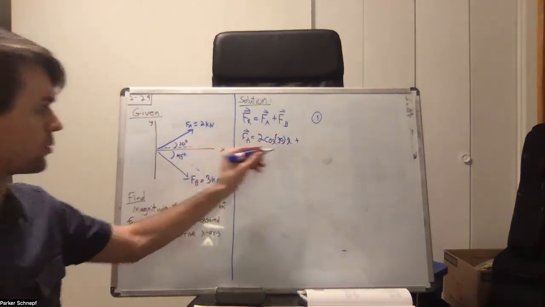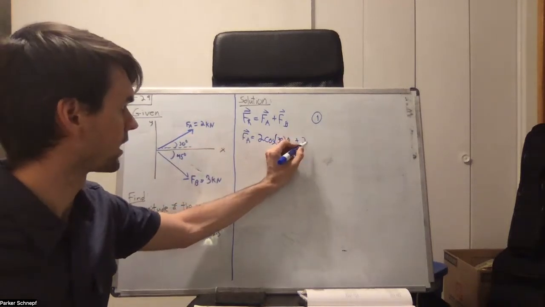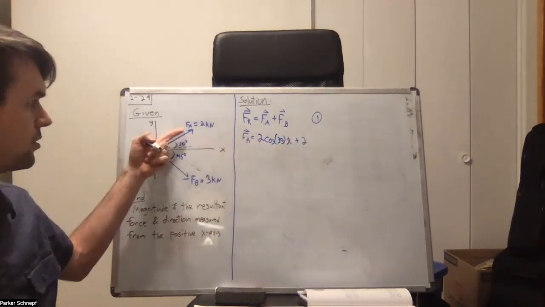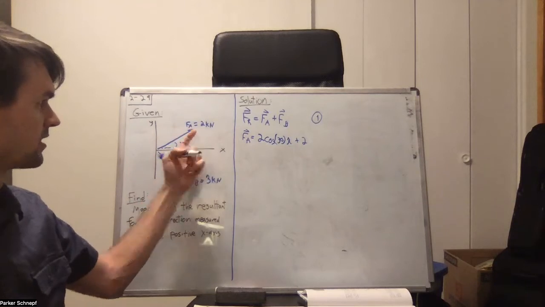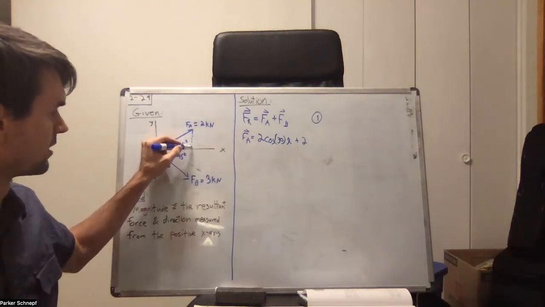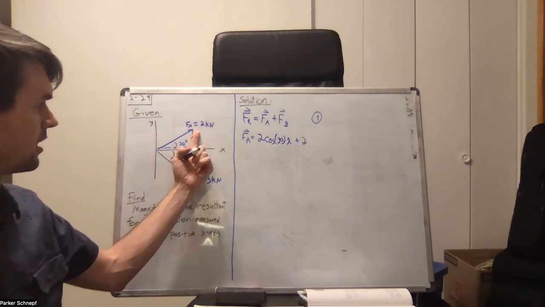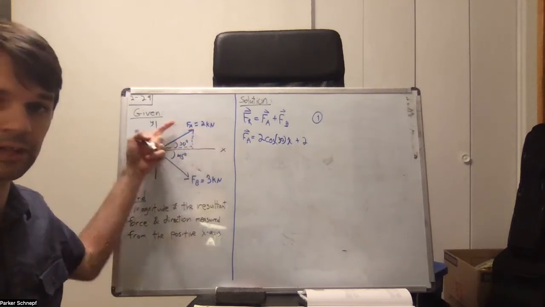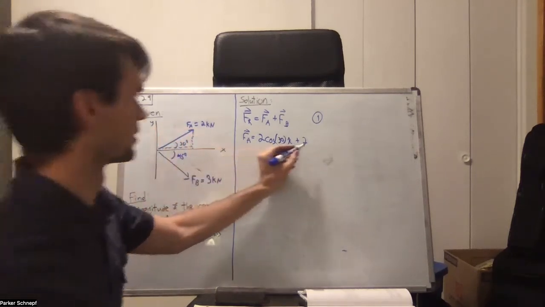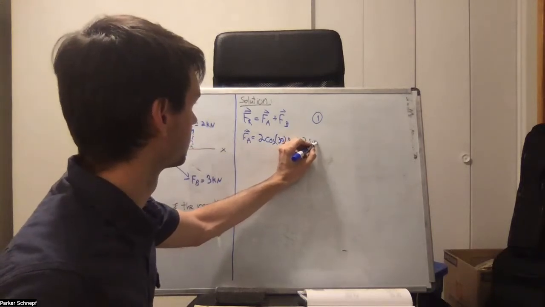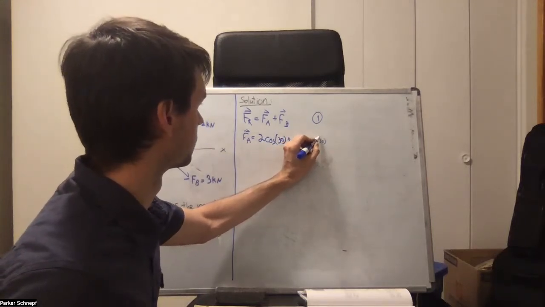So the y component is going to be some fraction of the overall length of the vector, so 2. And in this case, that fraction is represented by sine of the angle, right? Sine is the relationship between the opposite length of a triangle and its hypotenuse. So I'm going to do 2 sine 30.